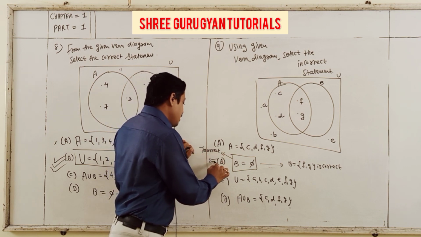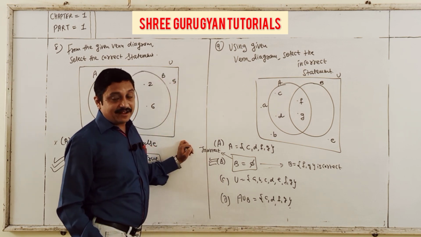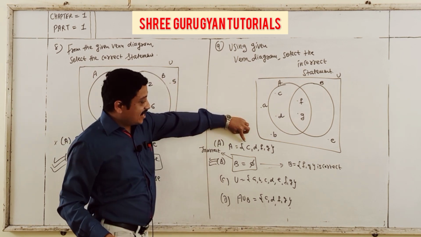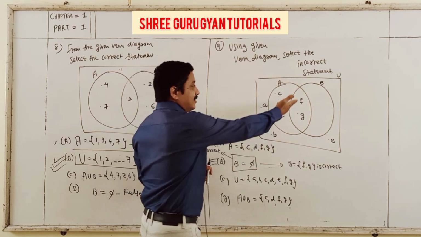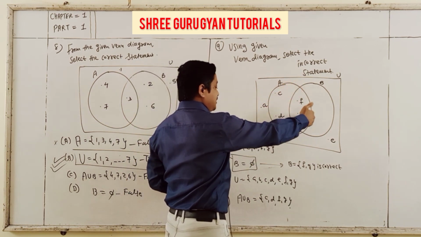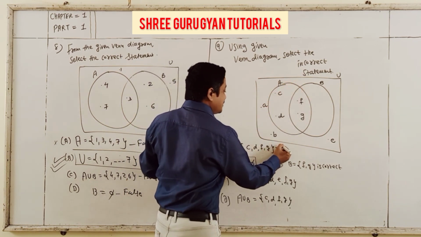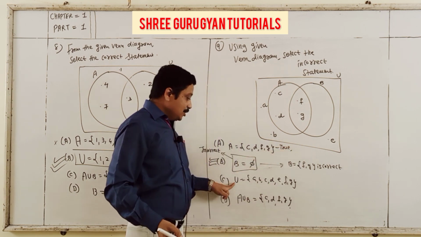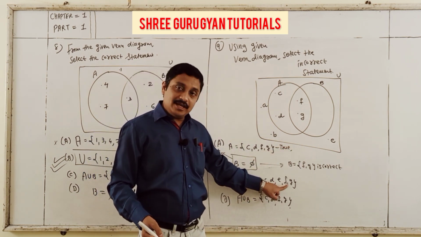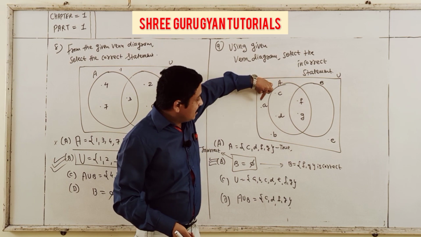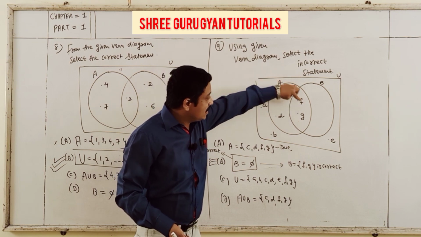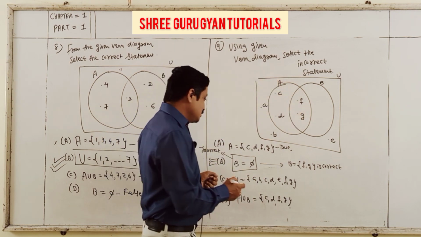So you tick mark B, absolutely right. But the other options I also check. A is a CDFG, check in the full circle A, CDFG, yes, which is true. You check A, B, C, D, E, F, G, yes, this also true.